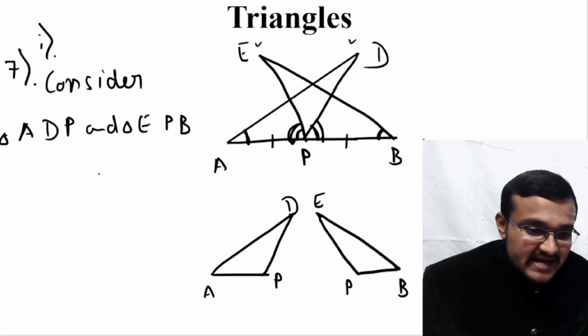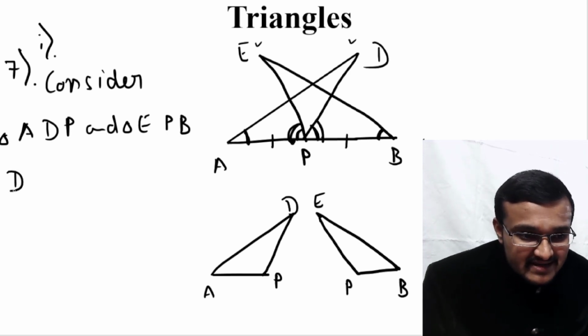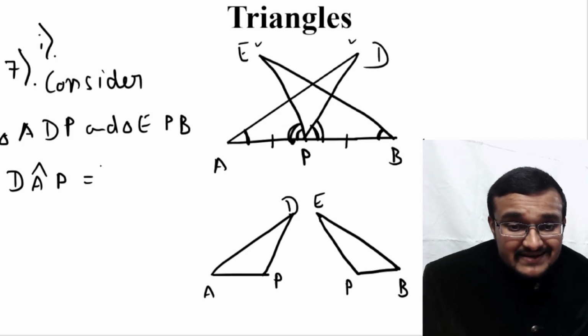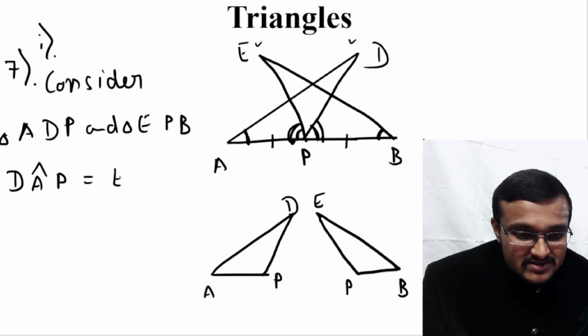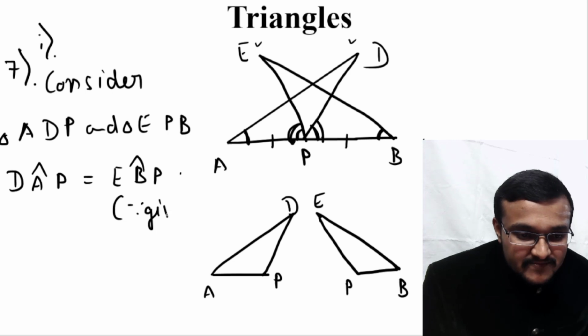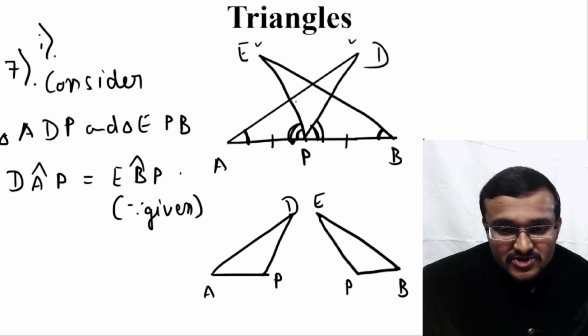So in these two triangles, they have already given DAP is equal to EBP. So DAP is equal to EBP, which is already given. So one angle we have proved that they are equal to each other.